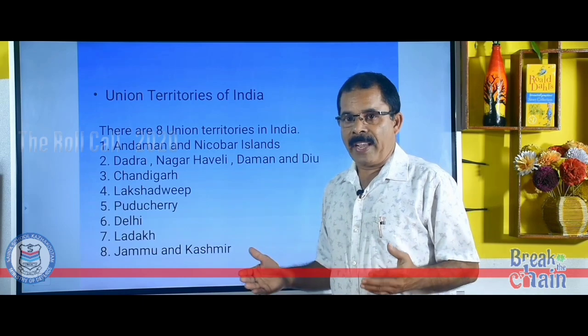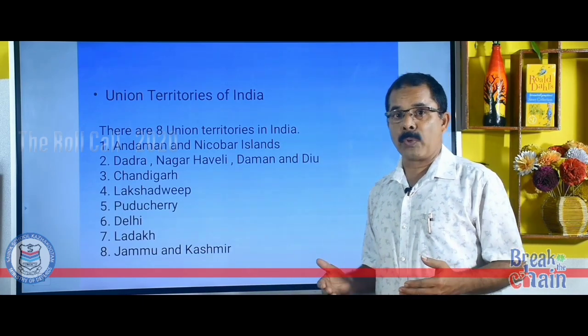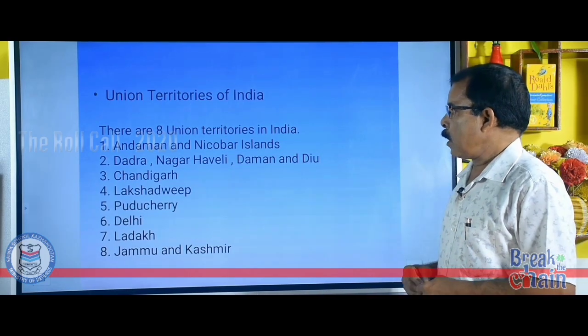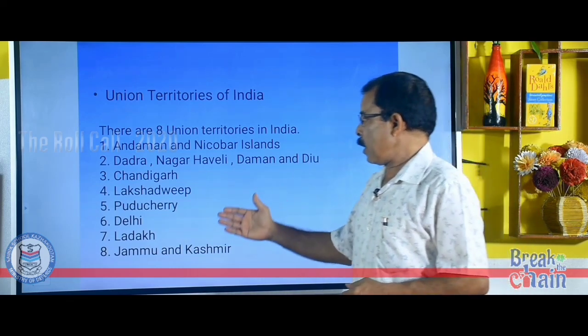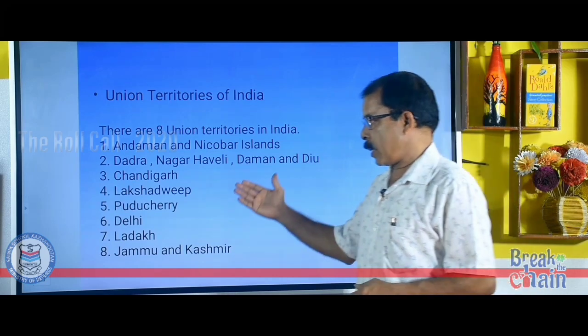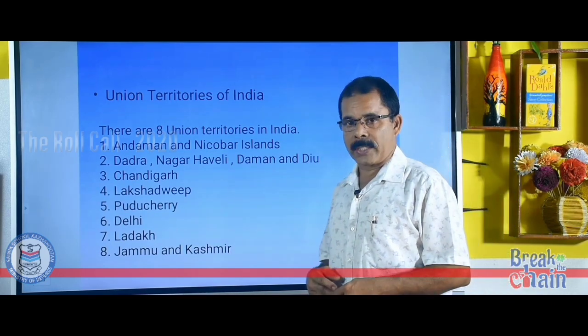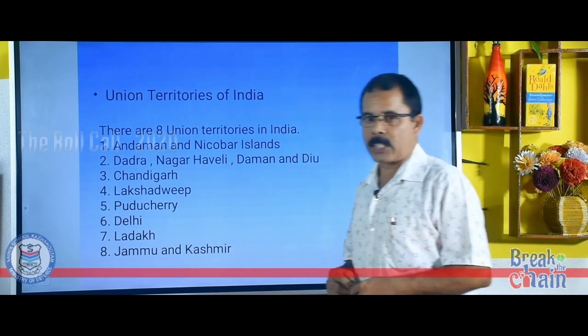You know that we have 28 states and 8 union territories. They are the Andaman and Nicobar Islands, Dadra, Nagar Haveli, Daman and Diu, Chandigarh, Lakshadweep, Puducherry or Pondicherry, Delhi, Ladakh, Jammu and Kashmir.